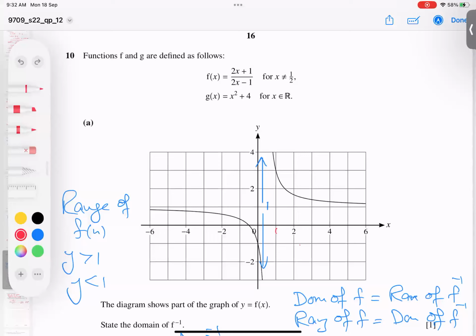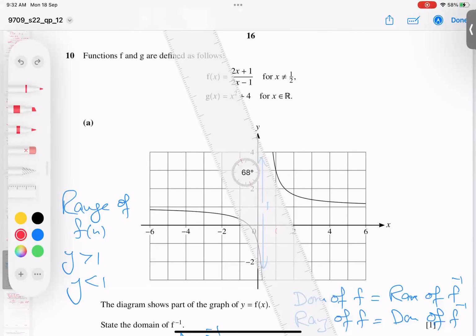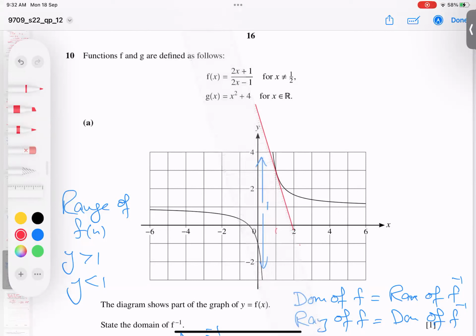If I draw a tangent here with a scale at 1, it comes somehow like this. I show again, this is the kind of triangle I get. And this is 1 actually.